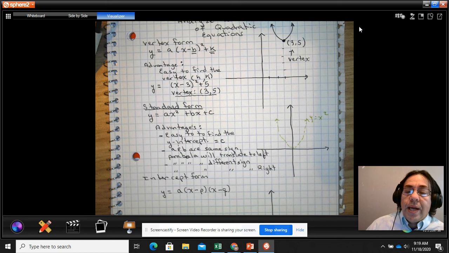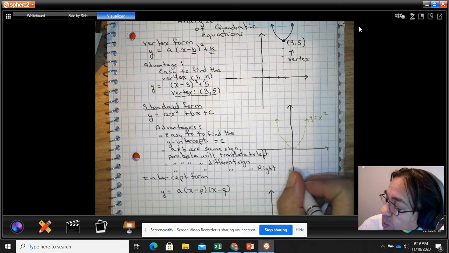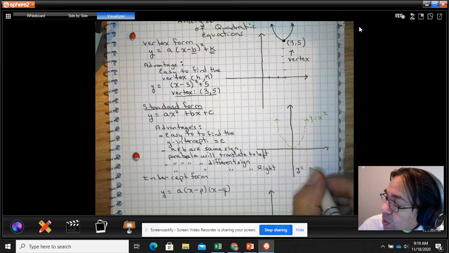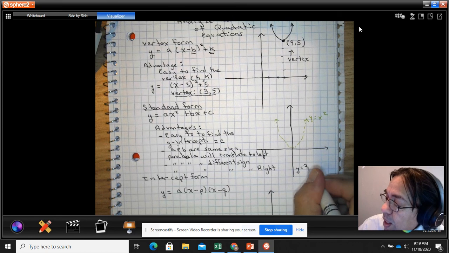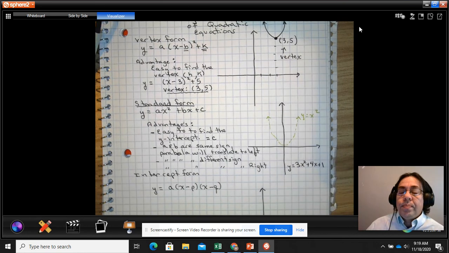So let's look at an example. If I tell you that y equals 3x squared plus 4x plus 1, there's two things I can tell from this graph right away.